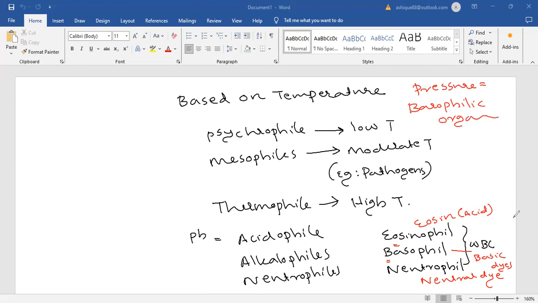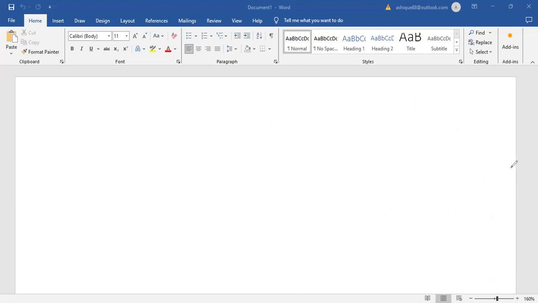That is clear. Okay. So based on oxygen concentration, O2 concentration, the first group will be obligate aerobes.